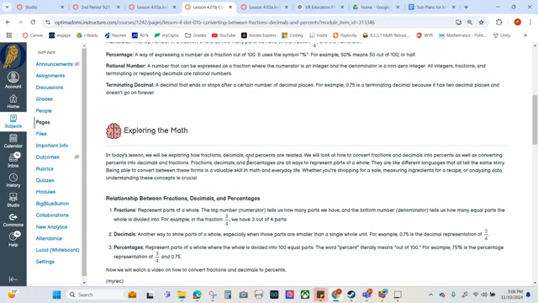The word percent literally means out of 100. Per cent. Out of 100. For example, 75% is the percentage representation of 3/4 and 0.75. You just have 75 out of 100. That's what 75% is.